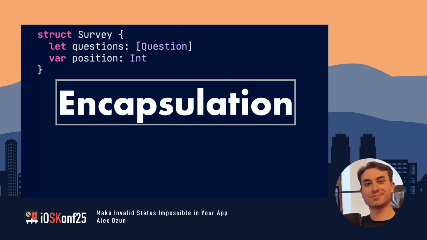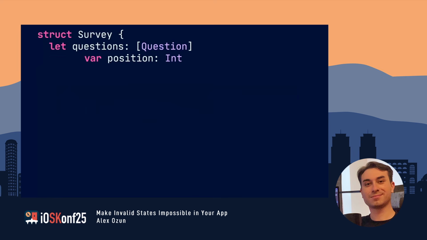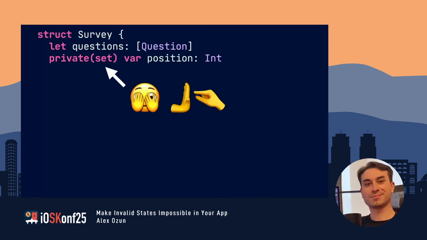So we might think, okay, let's encapsulate all these checks within that type. So the first thing we do is we make the position private set, also known as look but don't touch. This is a scientific term. So with that, we protect this state. So we encapsulate the access to this state.